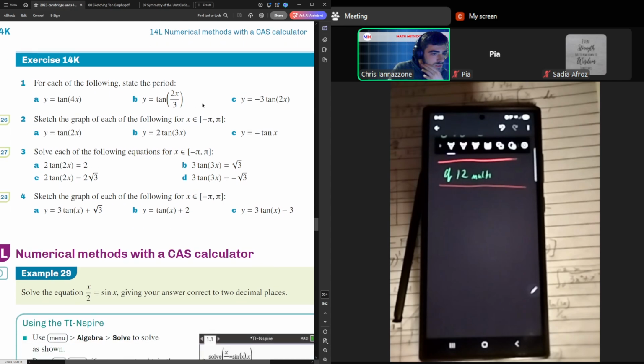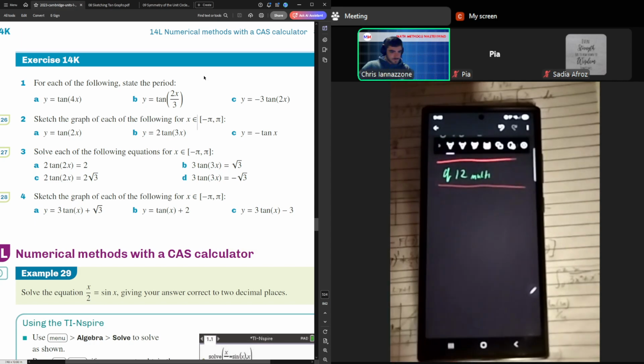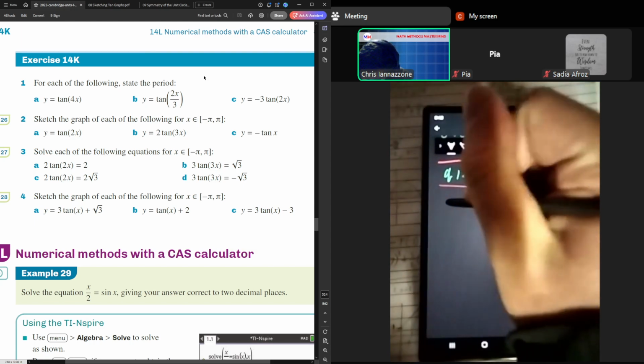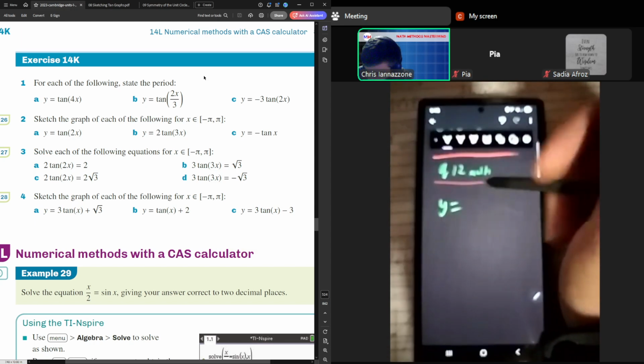Okay, so first up we'll do one of the question 2 ones. That's just with the A and N only. So let me write one of those down. Y equals tan 2x.